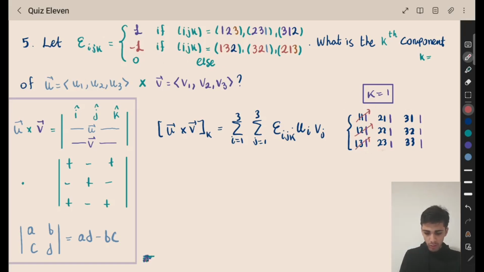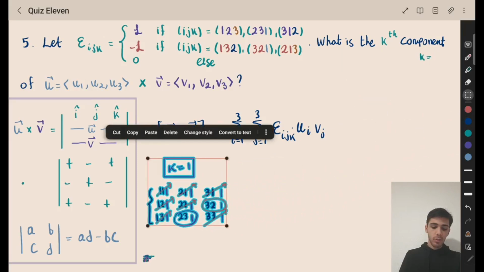And 1, 3, 1 is 0. 2, 2, 1 is 0. This is also 0. This is 0. And this is also 0. So these are the only non-zero terms. This term will be positive. I should color it. Will be positive, and the other term will be negative.